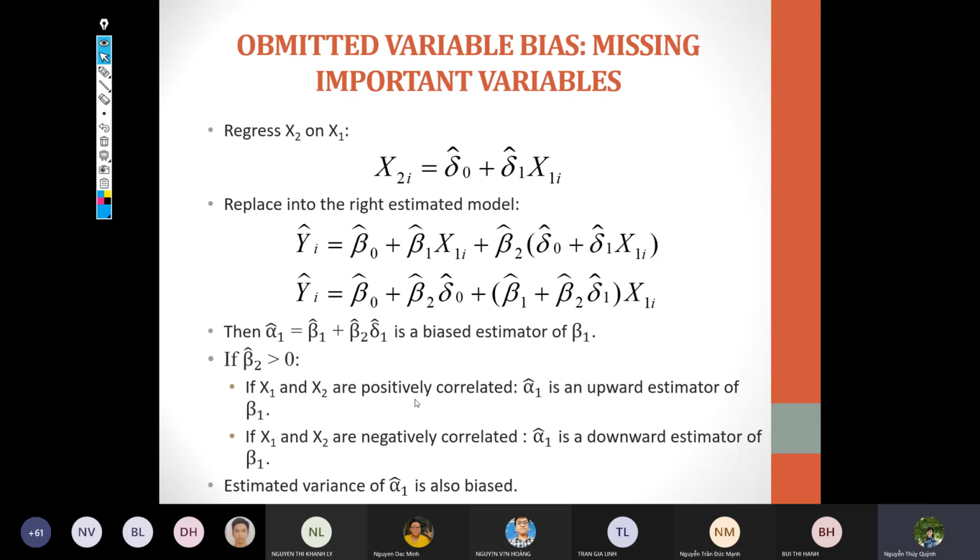Otherwise, the estimated values that you get for the unknown parameters will be biased. They will no longer be the best OLS estimators for the unknown parameters of the model anymore. All right, that is the problem of missing important independent variables of the models.